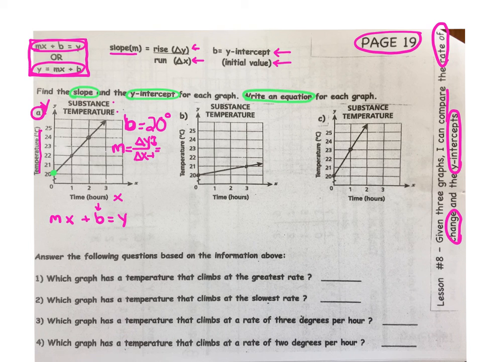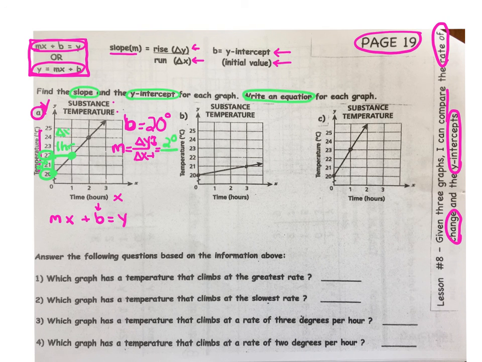We're going to take 2 points located on the line, and we're going to darken those 2 points. Let's rise from the point furthest to the left, rise up 2 degrees, run over 1 hour. 20 to 22 means we're going up 2 degrees. 2 degrees per, or over, and then our run value is 1 hour.